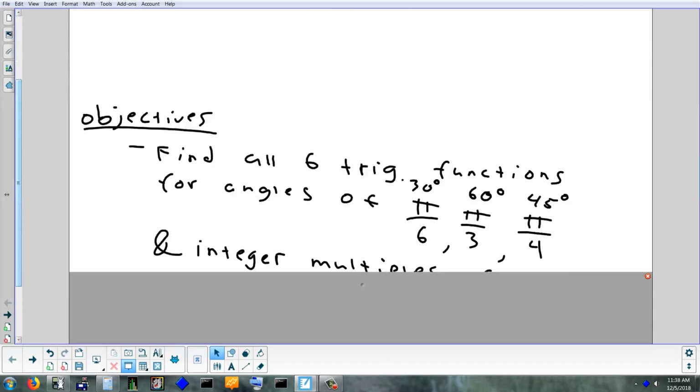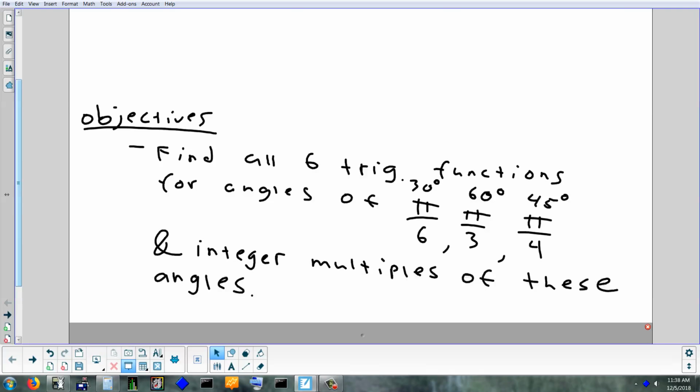So we're going to look at how to find the 6 trig functions of those angles. And if you can do the 30, the 60, and the 45, doing multiples of those angles is extremely easy. You just have to learn how to do those 3 first.